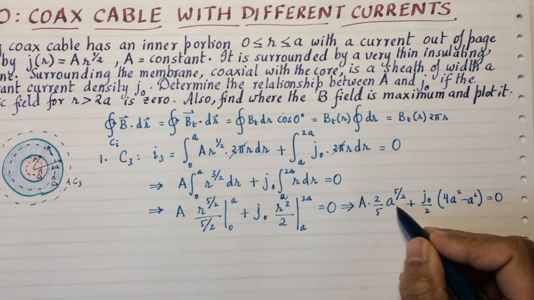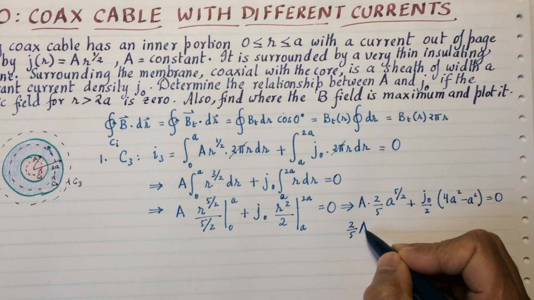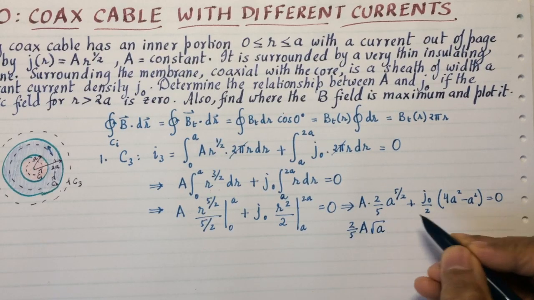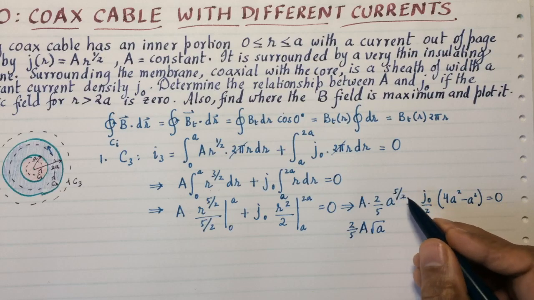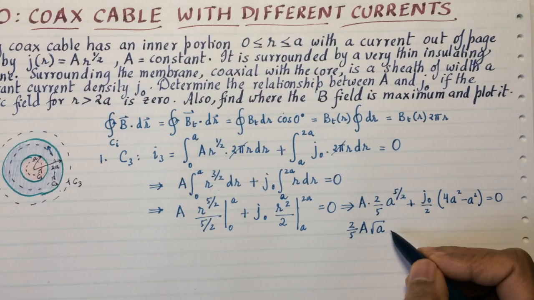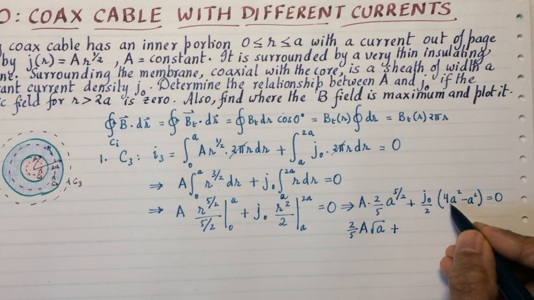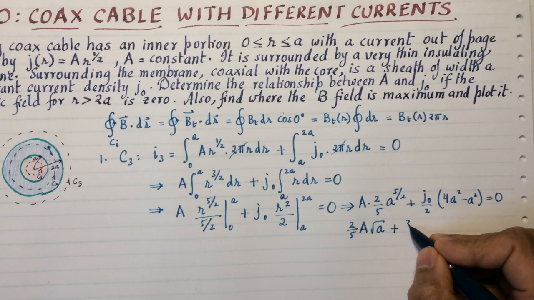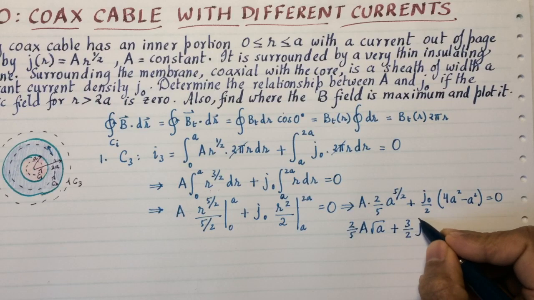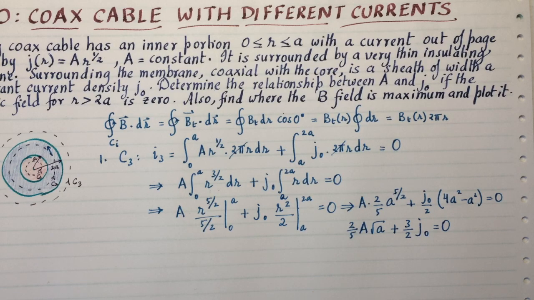Now you observe that a squared can be cancelled out on both sides, so I'm going to get 2/5 A square root of a, which is left over after you take out a squared from 5 over 5 halves, which is 2.5. So if you take out 2, you get 0.5, which is a square root. Plus 4a squared minus a squared is 3a squared, and that a squared is no longer there. So I have 3 halves J naught equal to 0. And that is a relationship between A and J naught.